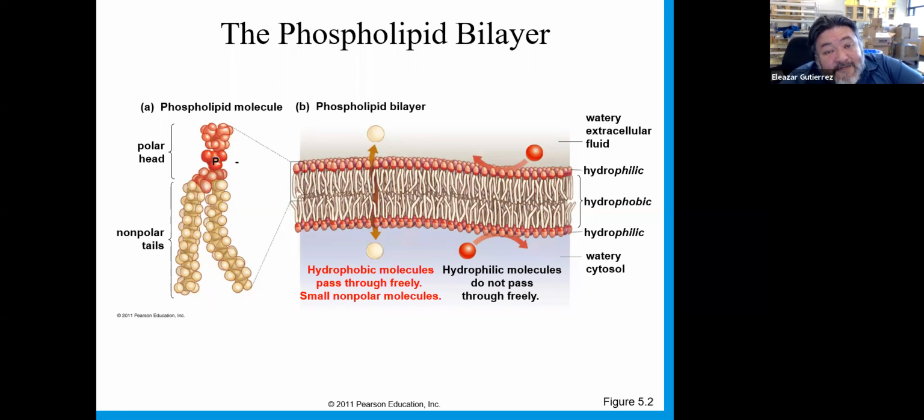Oh, I almost forgot. And then there's water. Water has its own rules. It just does what it wants to do. By definition, water is a small polar molecule. But as it turns out, water can actually traverse the phospholipid bilayer. It doesn't do it very quickly, but it does do it. And it's counterintuitive.